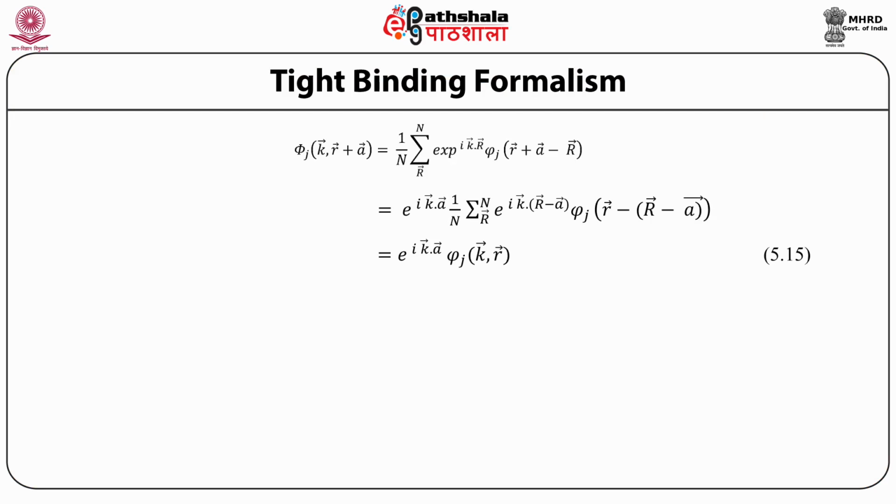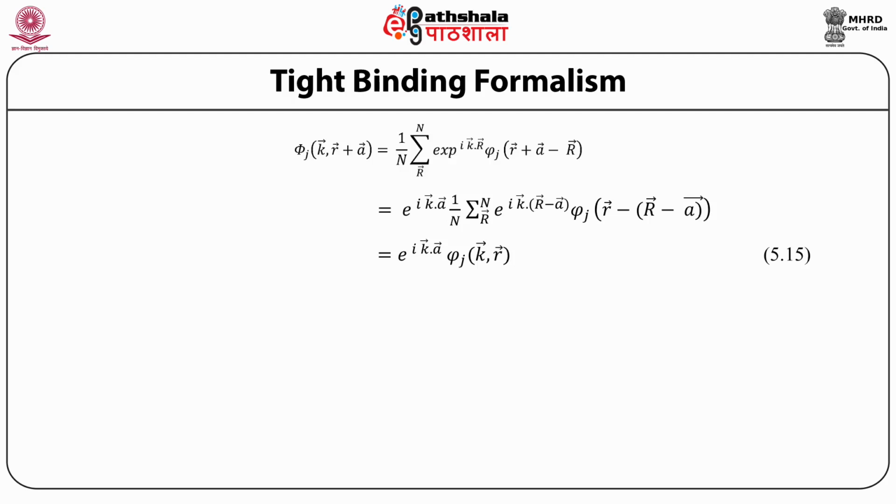Phi j as a function of k vector, r vector plus a vector is equal to 1 by root n summation over r vector till n of exponential iota k dot r vector phi j as a function of r vector plus a minus r.